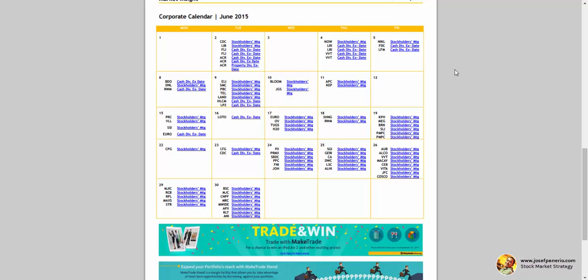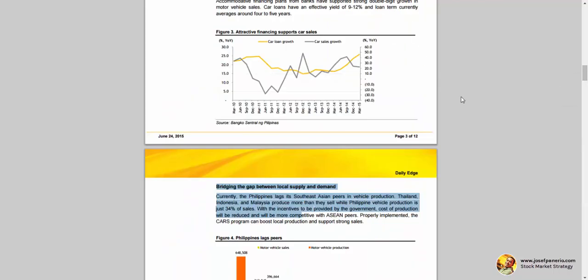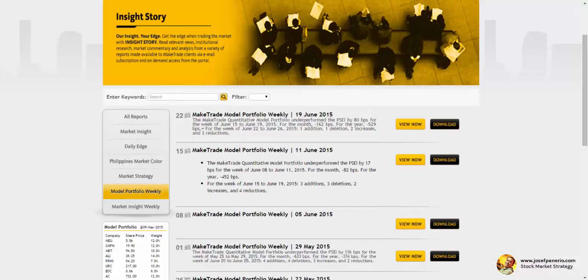I'm sharing this to give you an option: there's also one online stock brokerage platform that you can go into, that provides good service and a good company where you can develop your stock market skills, since Maketrade has a coaching session as well, and where you can add to your research, because Maketrade research is good, and use their online platform for your trading.